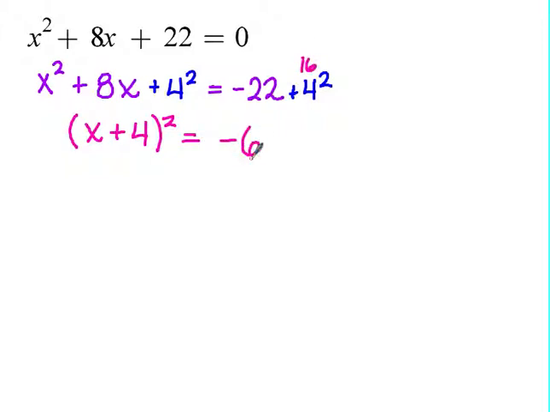Negative 6, right. Okay, now in the past we haven't been able to do this, now we can, based on what we learned on Tuesday. So if I take the square root now, I end up getting x plus 4 equals plus or minus, how can I write that?